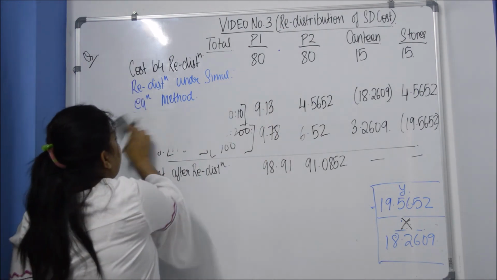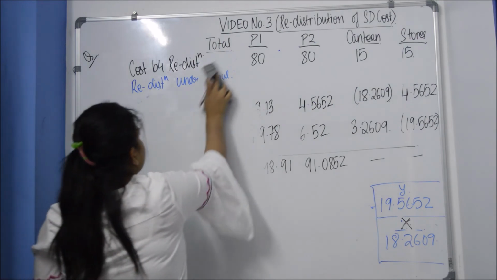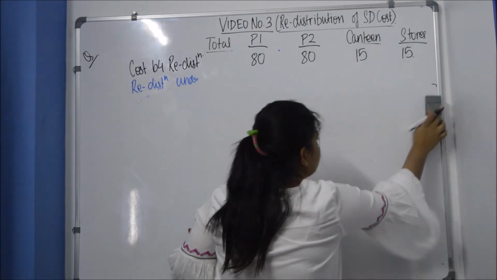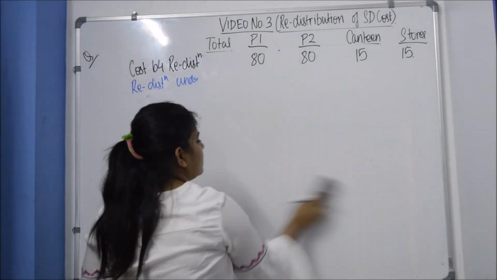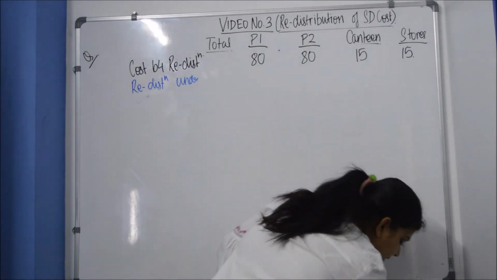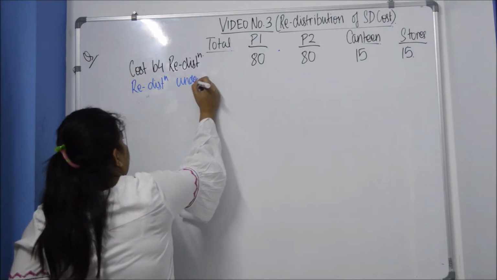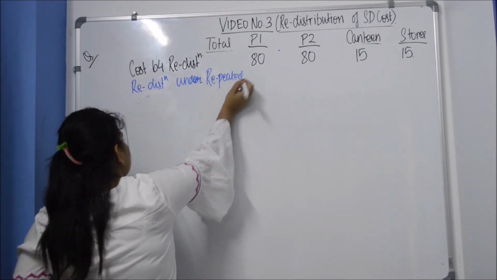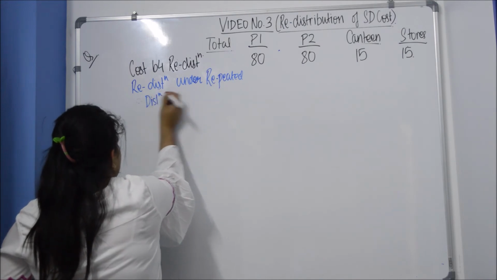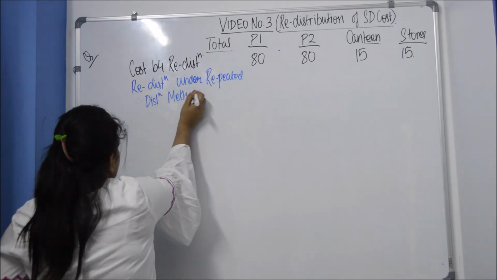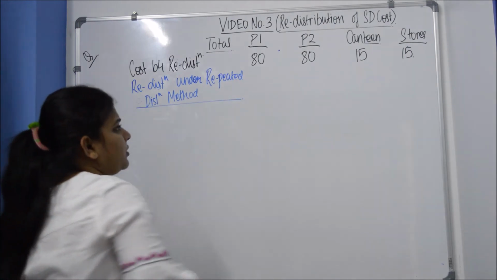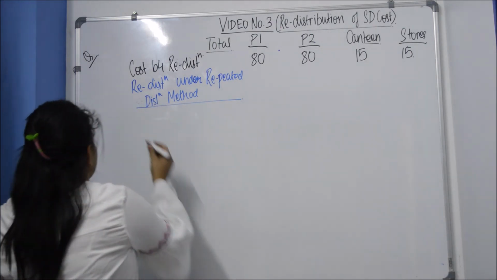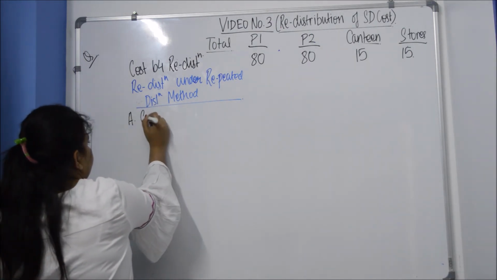Let us see how we bifurcate under repeated distribution method. Under repeated distribution, start with any one department and keep distributing. So, first I take canteen.